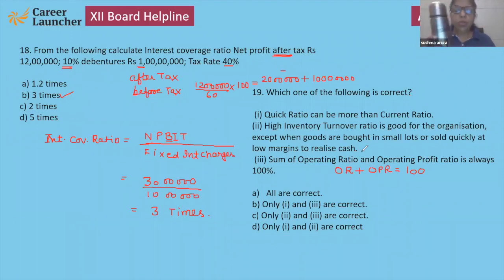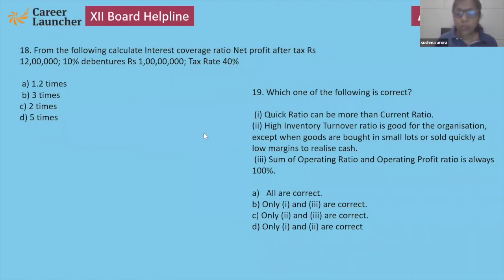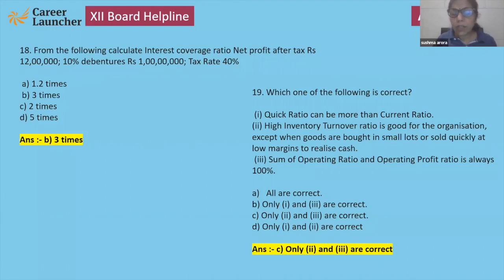So here in question number 19, all are correct. Note down. I'm sure you all are able to do the interest coverage ratio now. Your answer will be 3 times. Here, your answer will be that second and third are correct, because quick ratio cannot be more than current ratio.